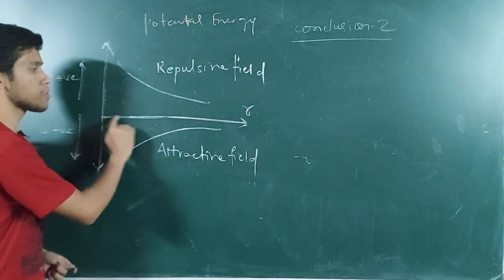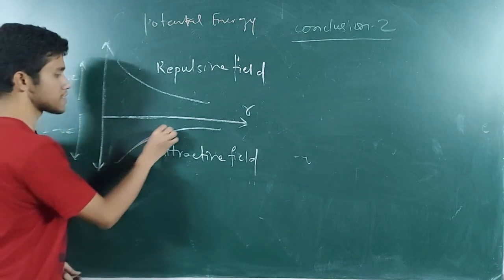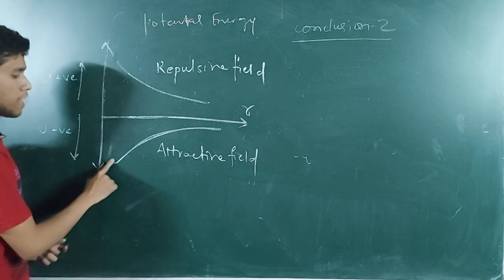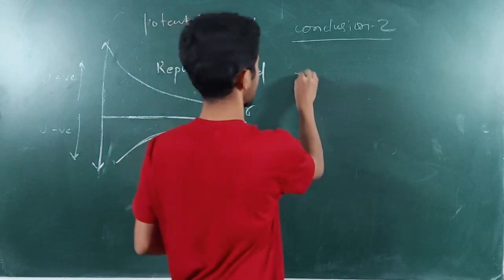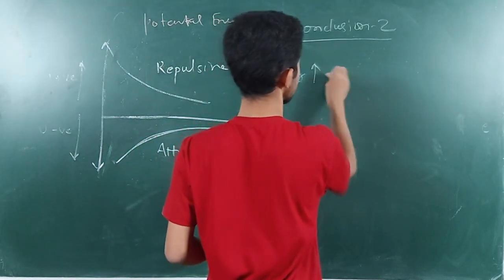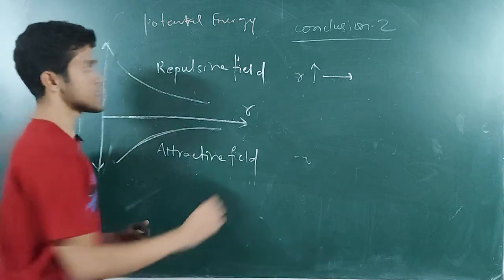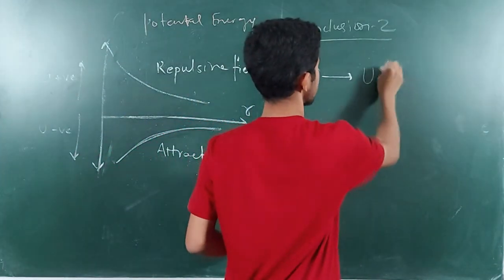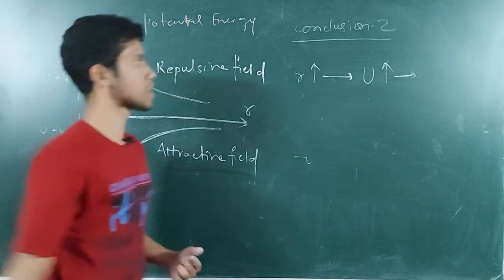So as you go along the positive x-axis, you can see this graph is increasing, means the value of U is increasing. Means I can say if r is increasing and you see that U is also increasing, then I can say it is a graph of an attractive field.